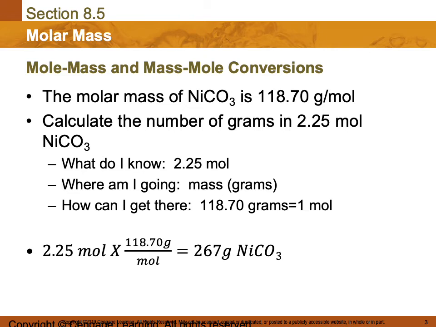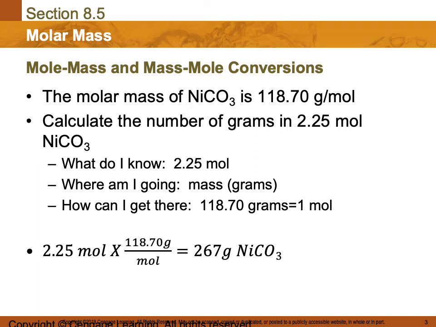Since the compound is nickel 2 carbonate, it's the molar mass of nickel 2 carbonate. If it helps you to write it as 118.70 grams equals 1 mole, then you can decide which unit goes where and you have the numbers all written out for yourself. Sometimes people think it's hard when we just see grams per mole, they forget the number 1 is there. So I write it out as my equality, which helps me make sure I put the units in the right place.